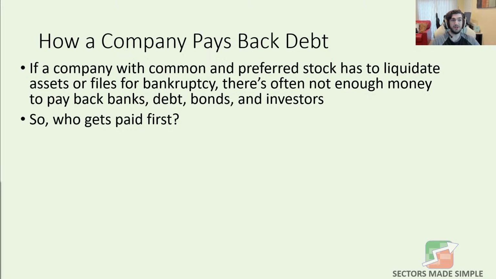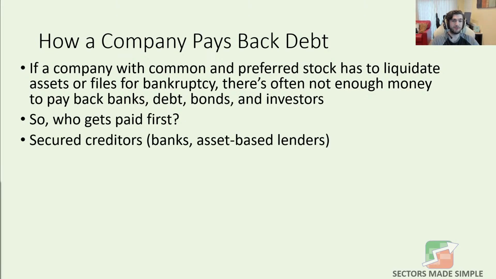So when a company goes belly up, who gets their money? They don't have a will and testament, the last desires of Blockbuster, let's say. Instead, these are pretty clear rules. Who gets paid first?